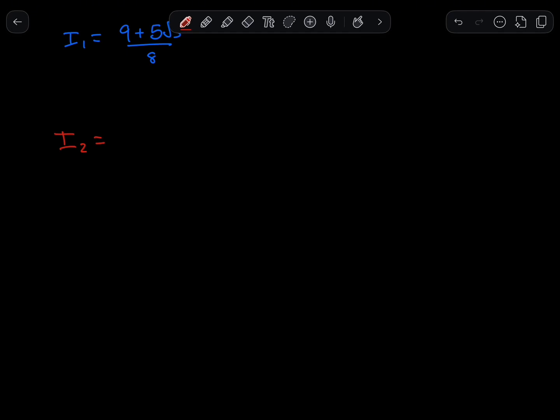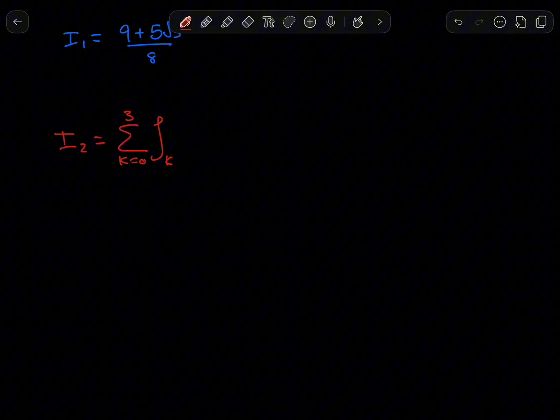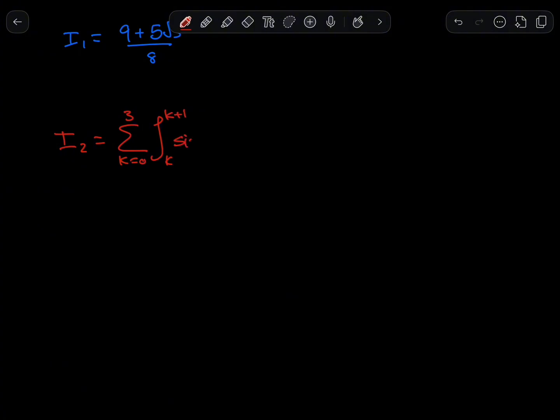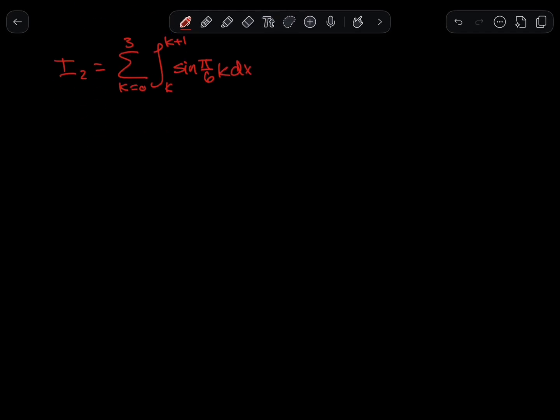Now we can get started on I sub 2, which is just the same thing, but it's the sum over k from 0 to 3 of the integral from k to k plus 1 of sine pi by 6 over k dx, which is just equal to negative 1 over 4. I forgot the constant over here.